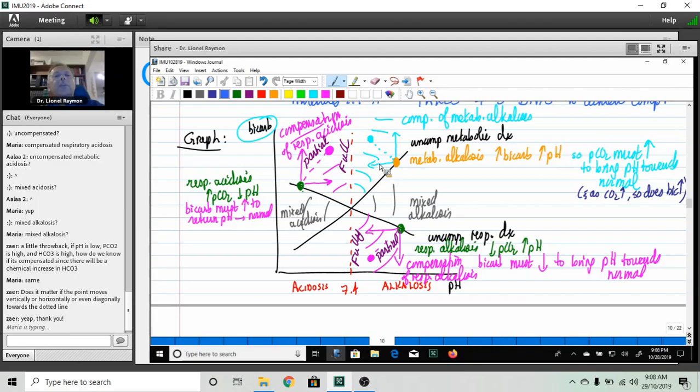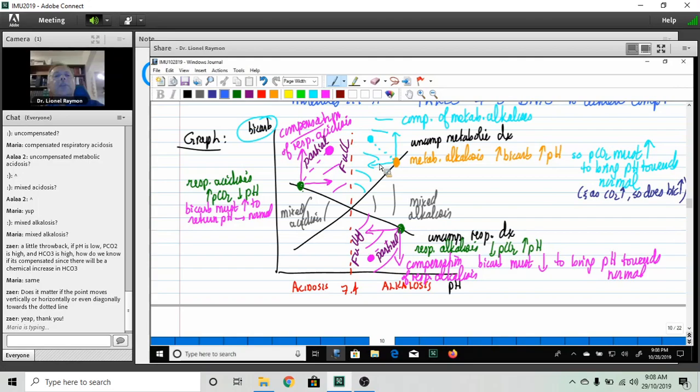So look, the final one is right here. Metabolic acidosis. You have low bicarb that lowers the pH. We're going to say, so PCO2 must decrease, essentially lowering the bicarb while lowering the proton and increasing the pH.